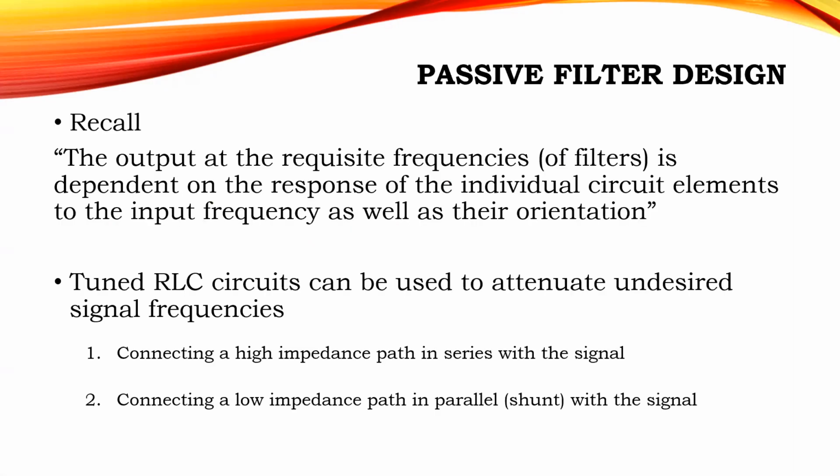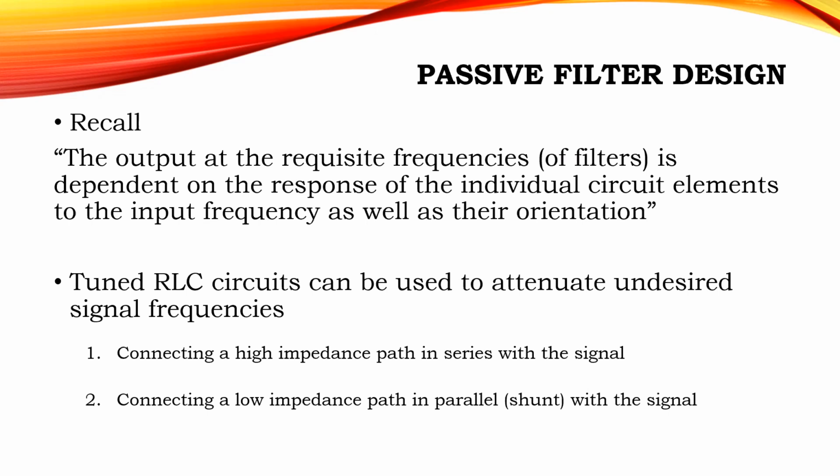Okay, so just a quick recap of what we had done last week. You have already written this, but I just want to put it back on the table because it is a very important component of what we're going to be talking about today. So again, the output of any filter, we have been saying this since we started this particular topic, is dependent on two primary things.